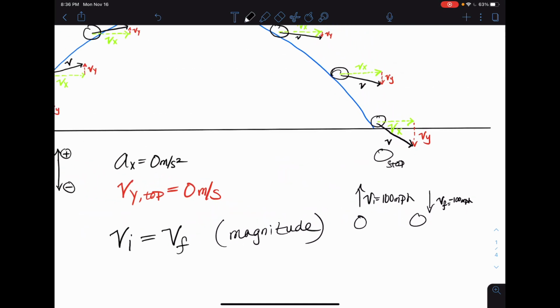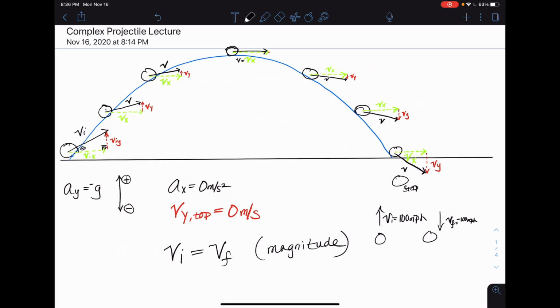And we see that same kind of symmetry play out in these projectile problems where Vi would equal Vf, assuming that the symmetry of the projectile was allowed to happen, right? It was a flat surface, and it started at the very initial point and ends at the very end point right before it strikes the ground.